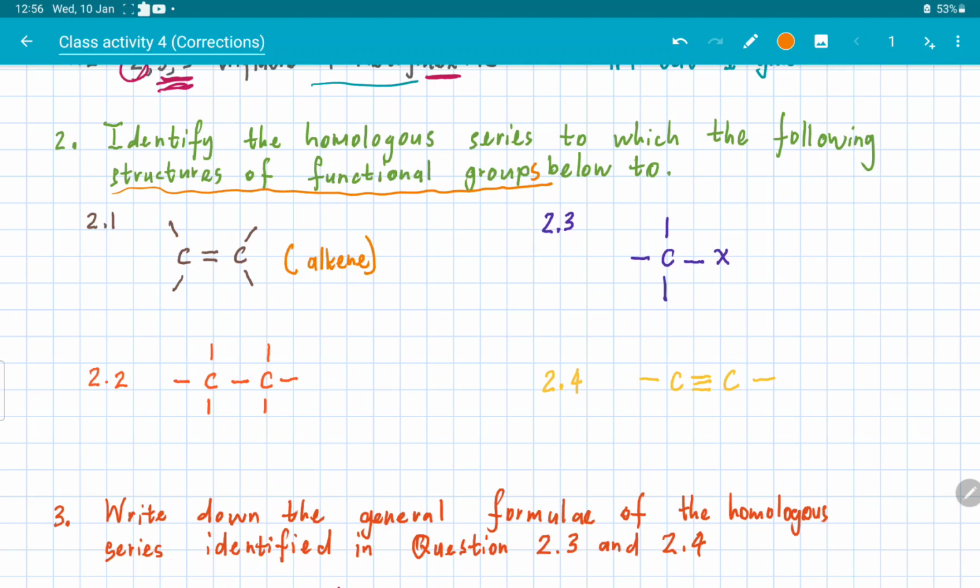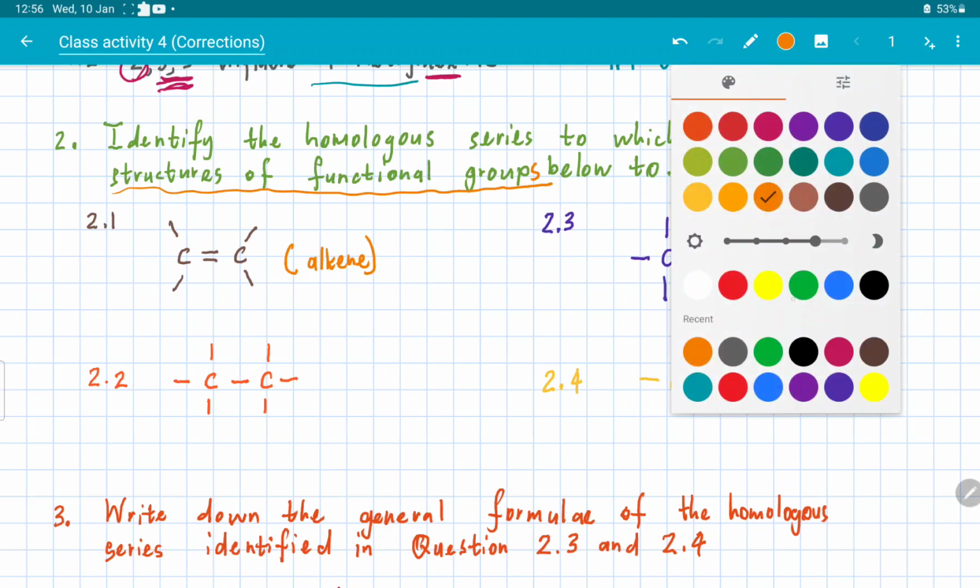Rather, we generalize that all alkenes have a double bond between carbon atoms. Remember that a functional group will determine the physical and chemical properties, such as color, texture, boiling point, melting point, the way they react and the speed at which they react. All of those things will be influenced by the functional groups.